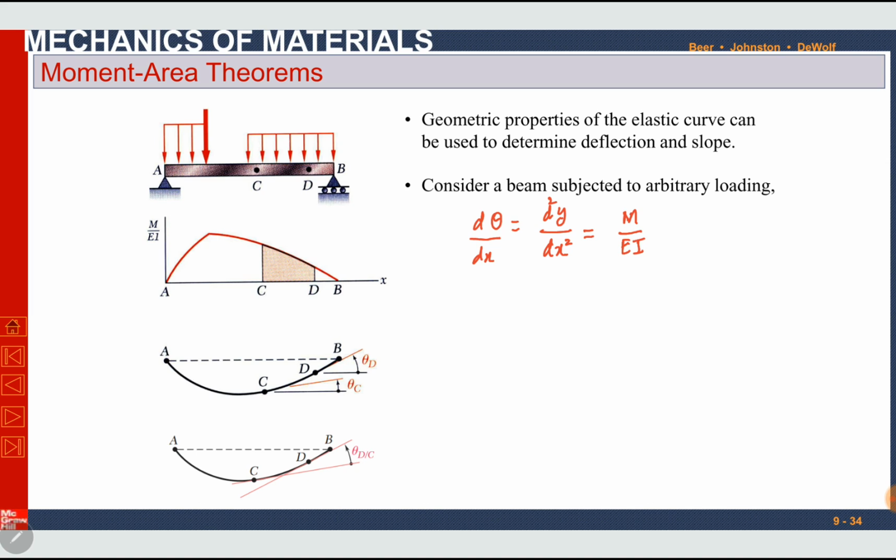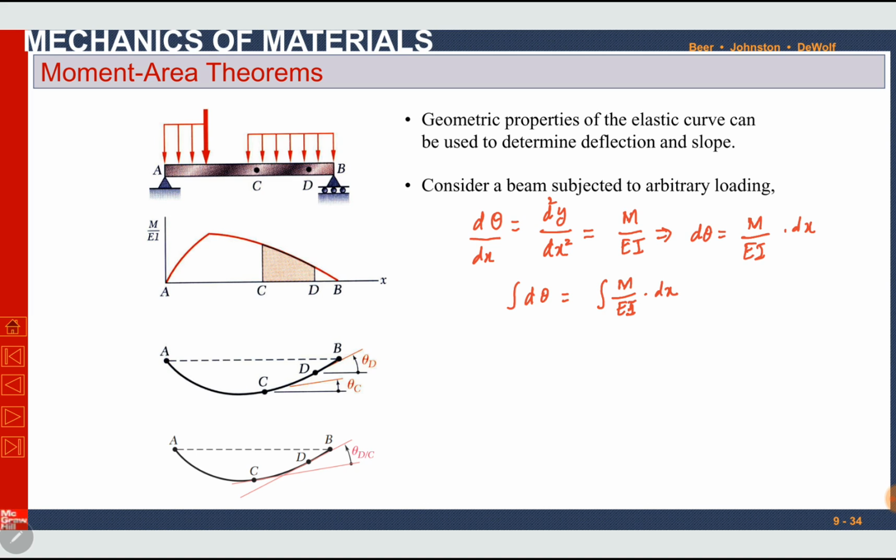Previously we have derived this expression as well. Now we can say that d theta is equal to M over EI into dx, or we can integrate it. Integral of d theta is equal to integral of M over EI into dx.